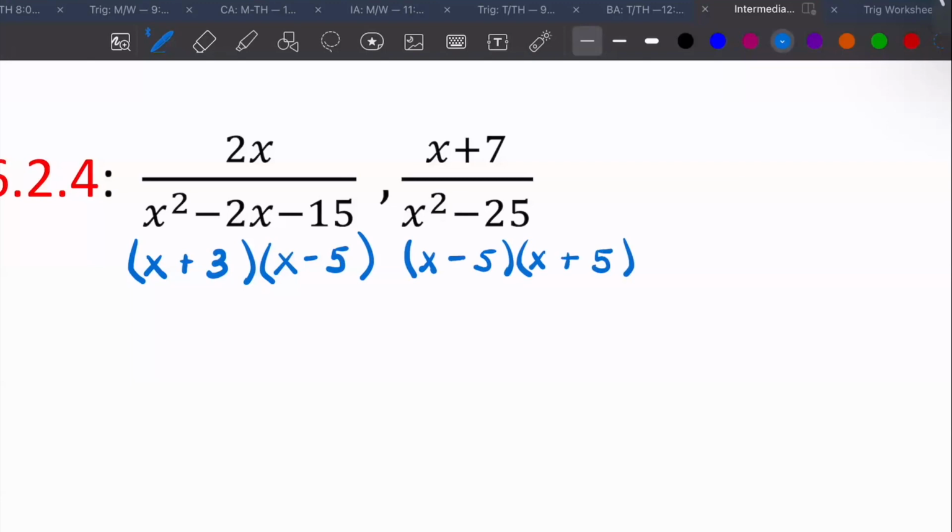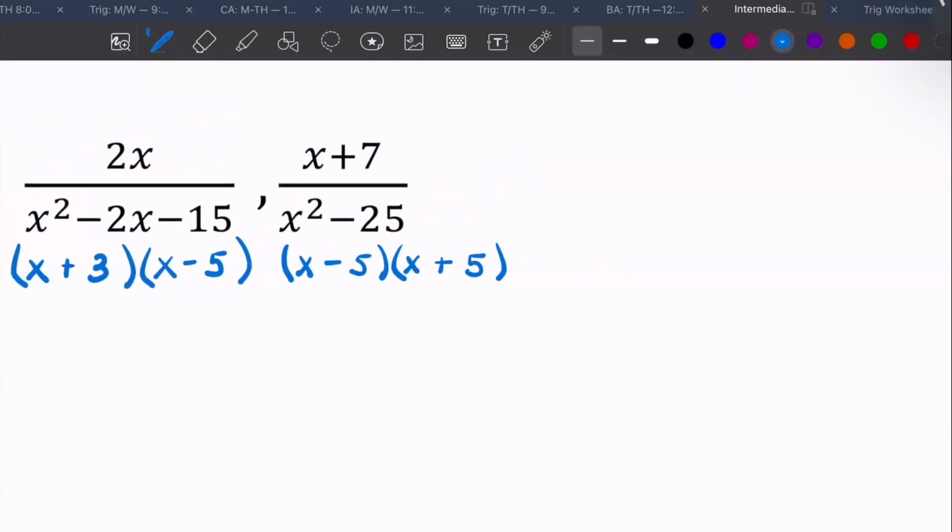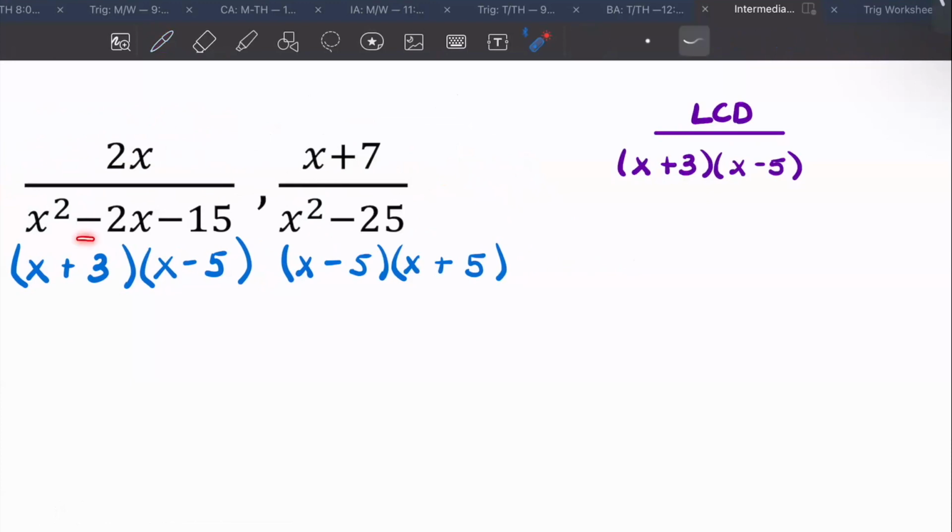Okay. Now, your least common denominator. I'm just going to do it over here. You're going to go to your first fraction and you're going to write each one that you have. Okay. In our first denominator, we have x plus 3 and x minus 5. Go to your other one and write down over here anything you have new.